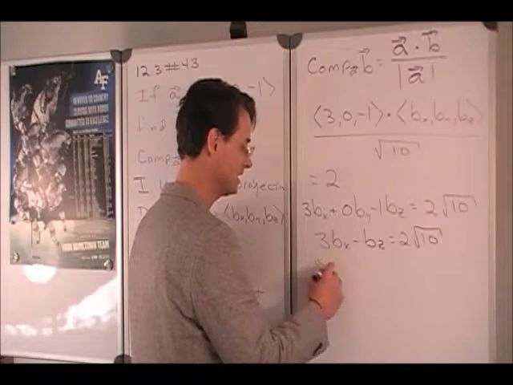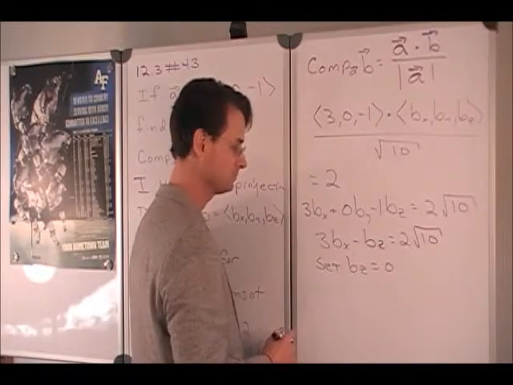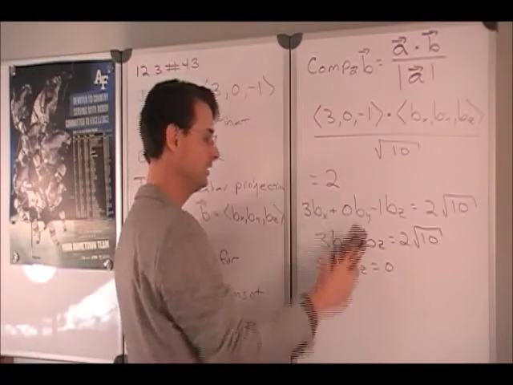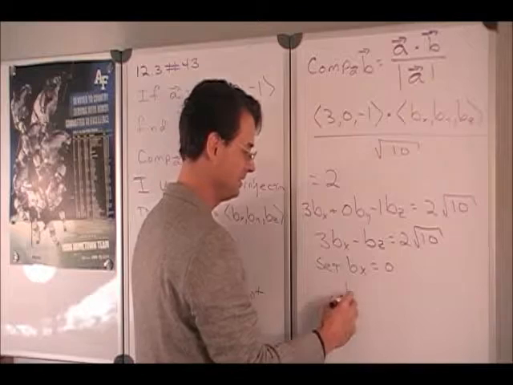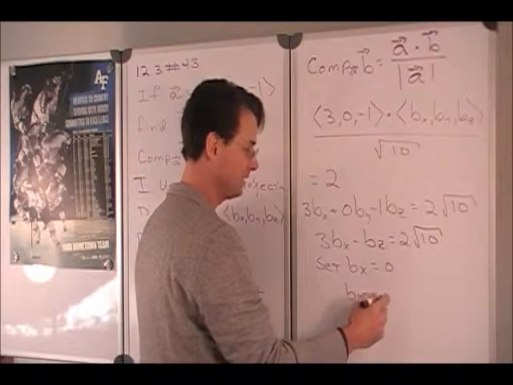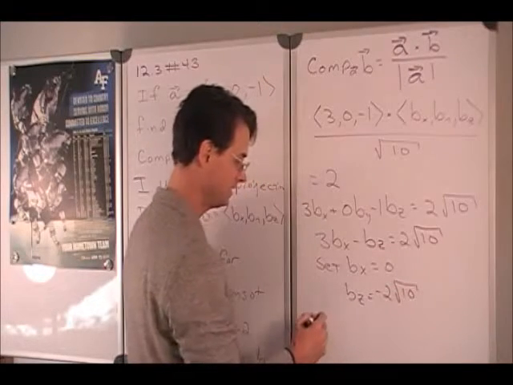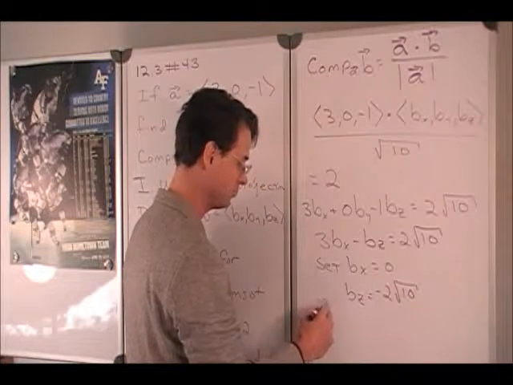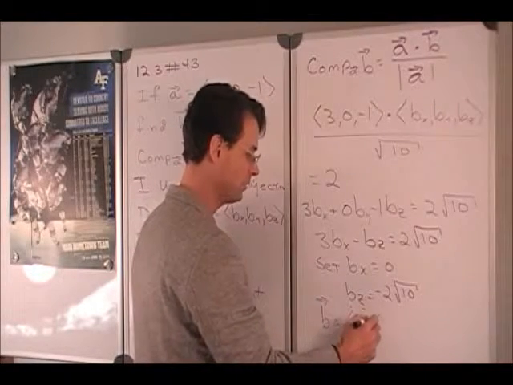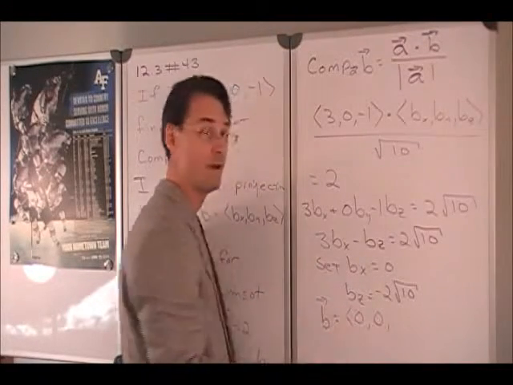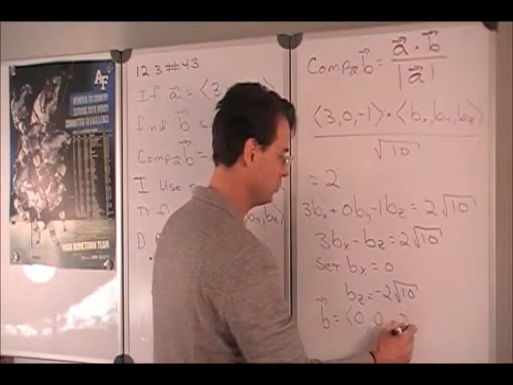It's probably a little easier to set the x component equal to 0, and then the z component is simply negative 2 times the square root of 10, so that our final answer is we set the x component equal to 0, the y component could be anything, might as well make it 0, and the z component is negative 2 square root of 10.